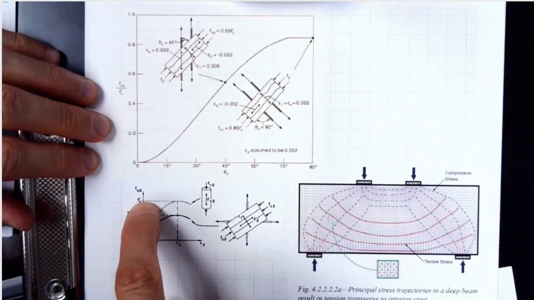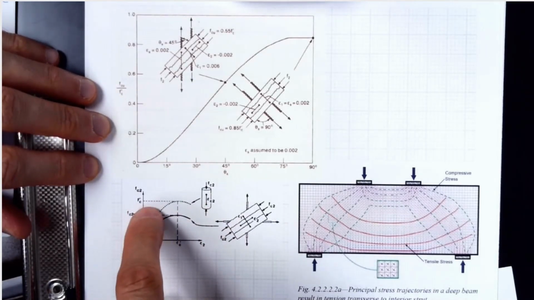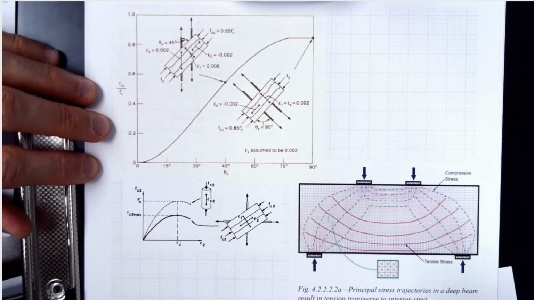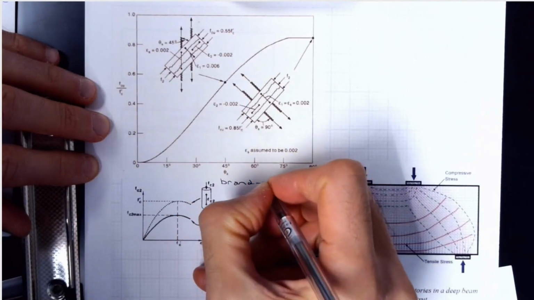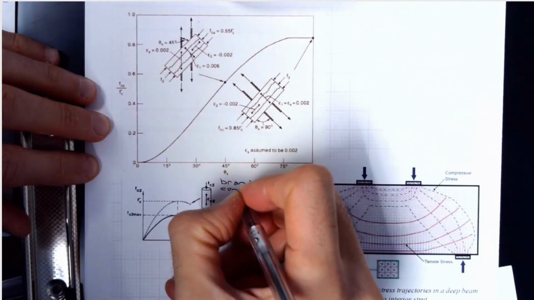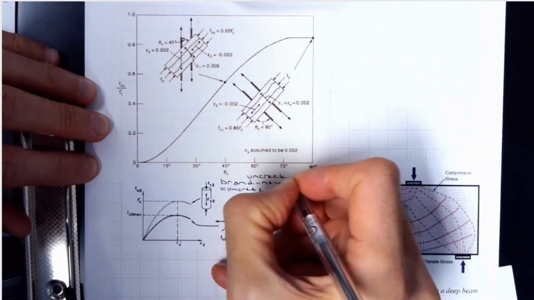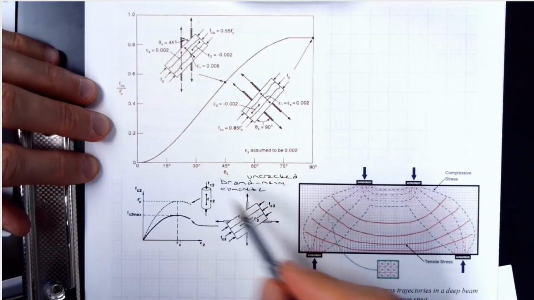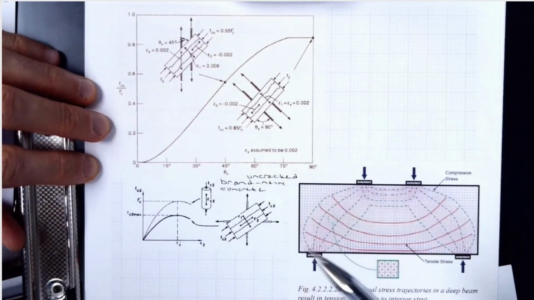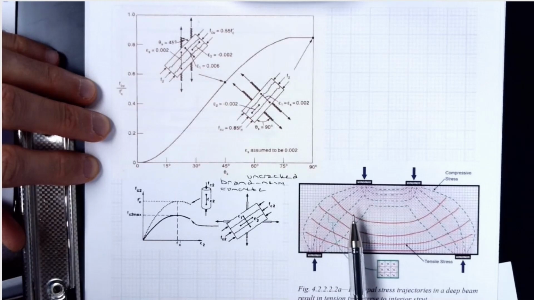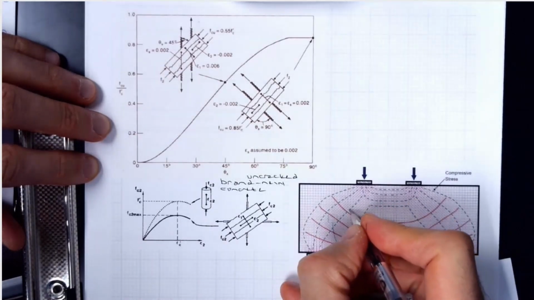F prime c is for brand new concrete cylinder, right? So for you to get f prime c, you need to make a test of brand new, meaning uncracked. But when you do strut and tie, again, we are talking about cracked concrete, because if you can see the principal stress trajectories in this figure, you can see tension, compression always perpendicular to each other.